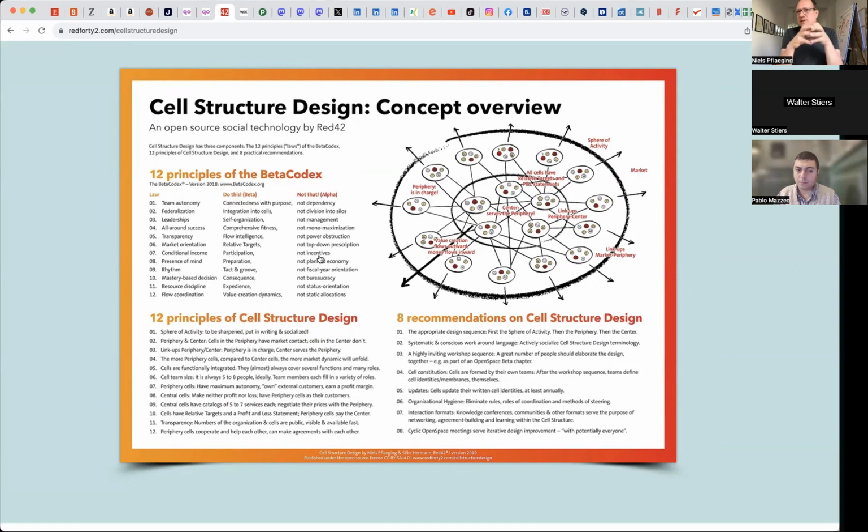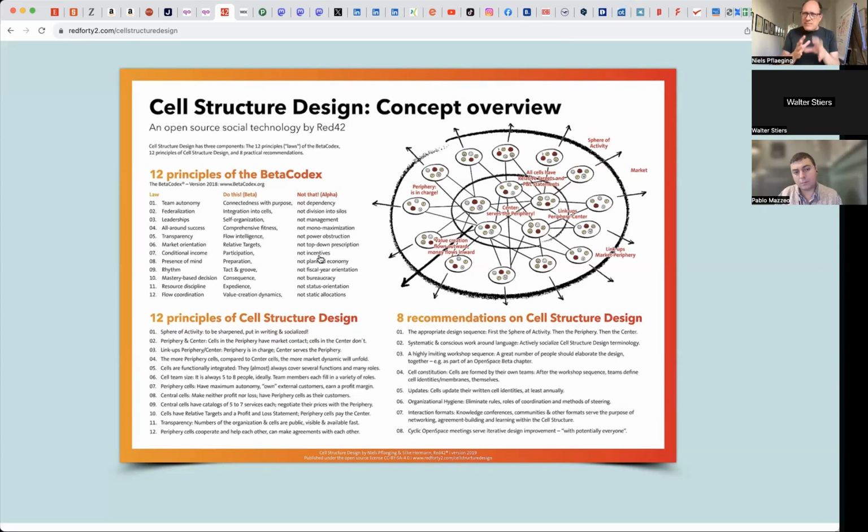Why? Because a very small organization with 5 people, 7 people, 10 people doesn't even have to have cells, right? It is a one-cell organization still. So if you have less than 10 people, you get not that much from this concept. But if you have, let's say, 30 people or more, then this gets really interesting. Because then, in a 30 people organization, you should already have 5 cells or so.